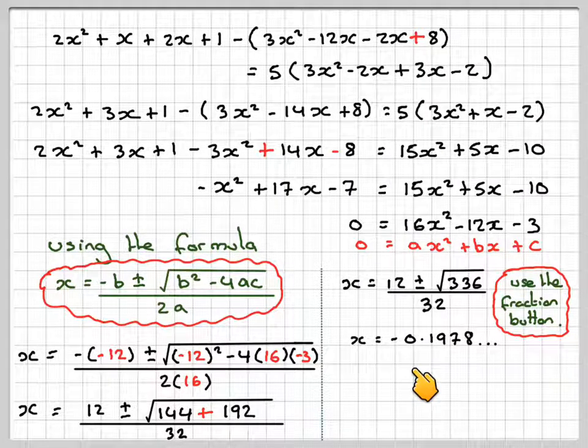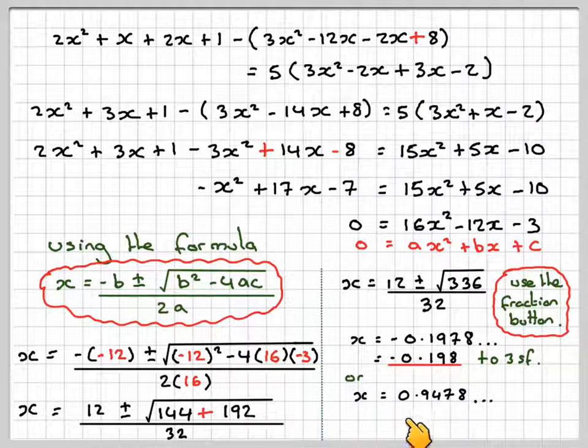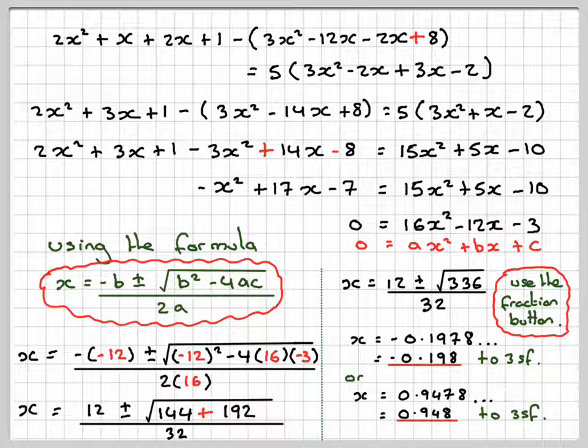That's going to give x is minus 0.1978. To three significant figures, that 8 will make that 7 an 8, so it will be minus 0.198, or x is equal to 0.9478, and that 8 will make a 7 an 8, so we've got 0.948 to three significant figures.